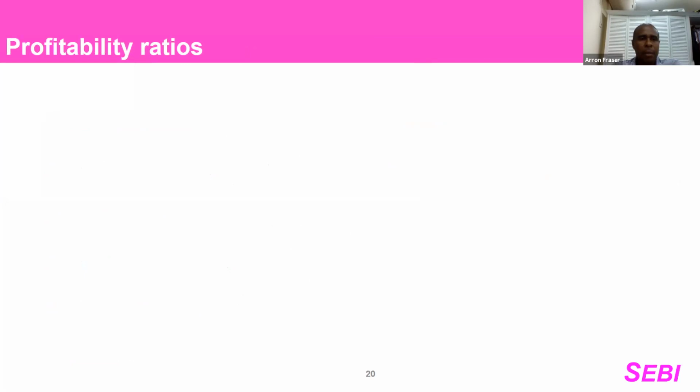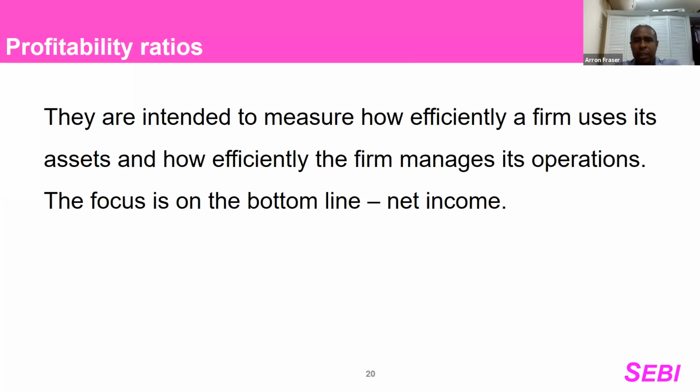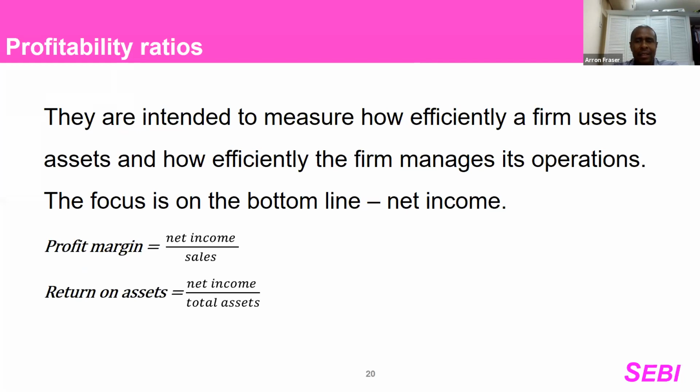The main profitability ratios are intended to measure how efficiently a firm uses its assets and how efficiently the firm manages its operations. The focus here is on net income. So we look at the profit margin, which is net income upon sales. We have the return on assets, net income upon total assets.